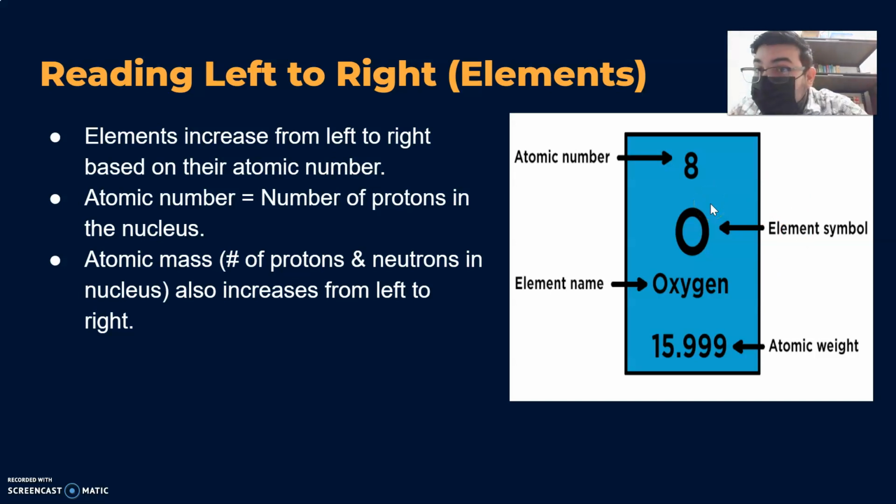Protons are found inside the atom, together with neutrons, and the electrons are the ones that circle out around it. Atomic number is protons, so that's it. And then the atomic mass is how many protons and neutrons are in the nucleus, so it counts both. The atomic mass, or atomic weight, also increases from left to right. So atomic mass goes up as you're reading left to right, and so does the atomic number.